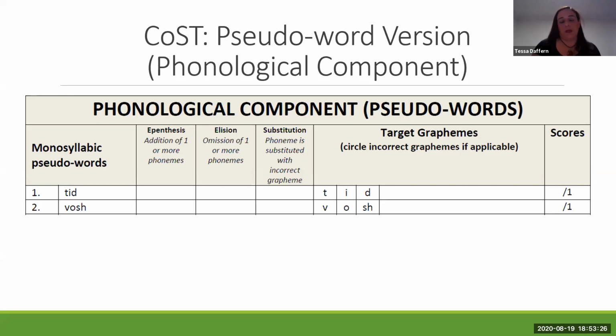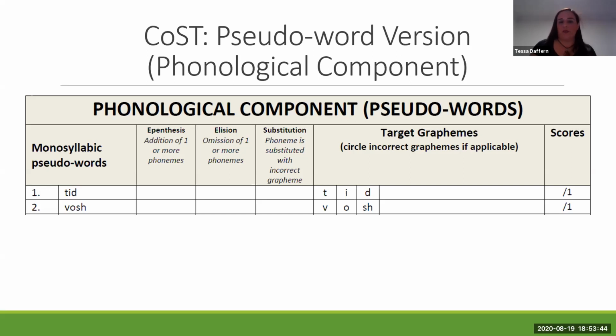Or if there's a spelling error, is that because there's an omission, so the spelling results in the omission of a phoneme? Or if there's a spelling error, does the spelling result in the substitution of a particular phoneme?